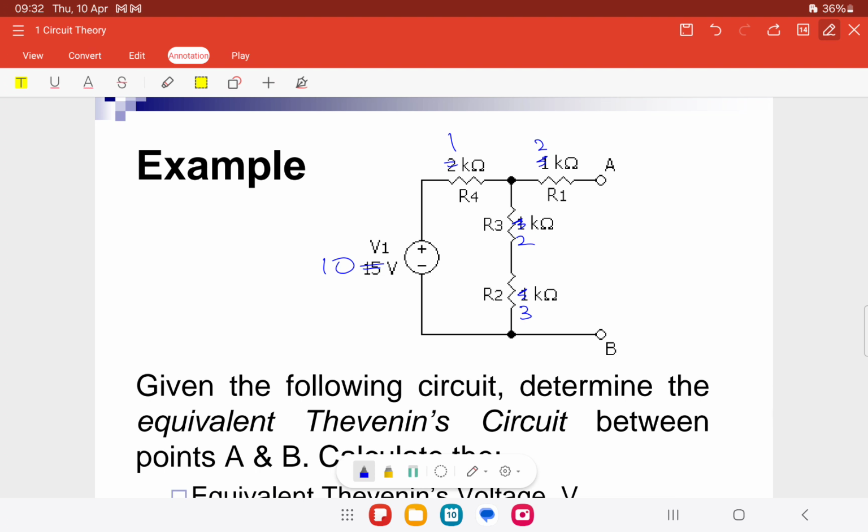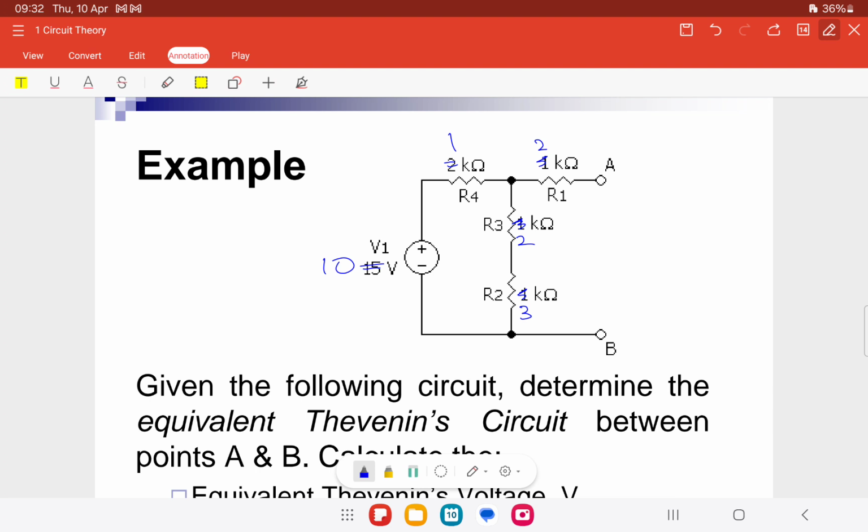Where are you now? Apa dia? Formula mana? Mana nota? Where is your note? Formula untuk tim ini.